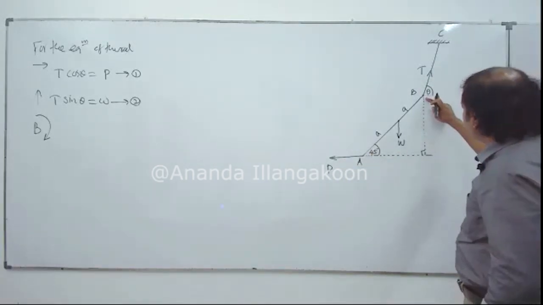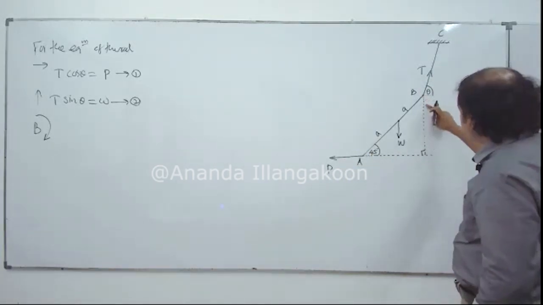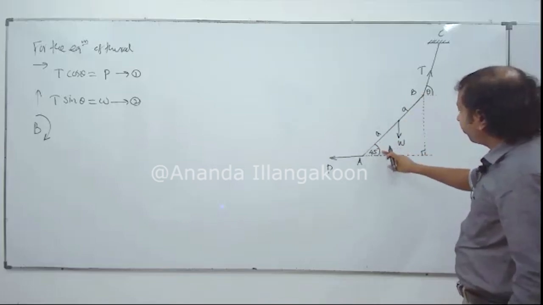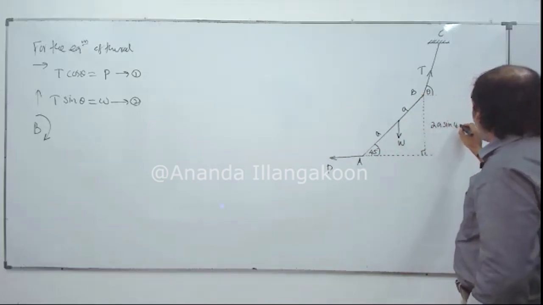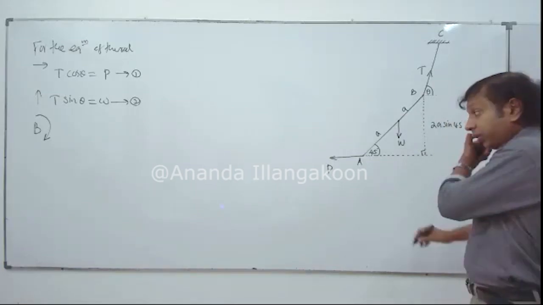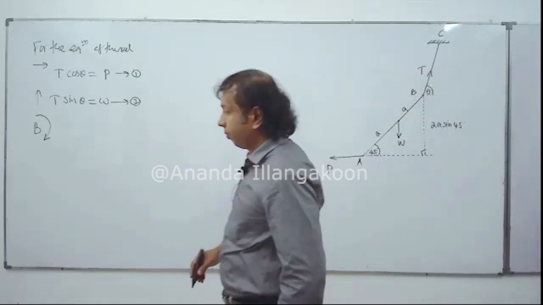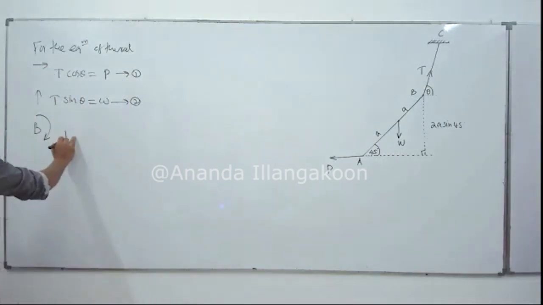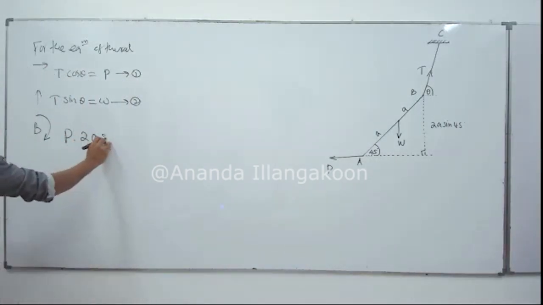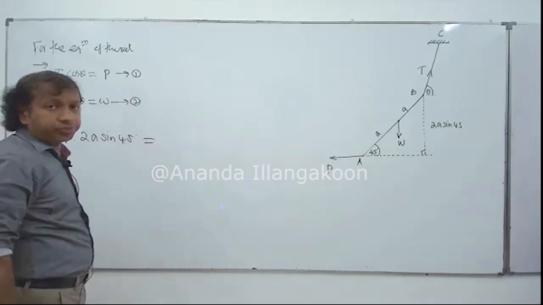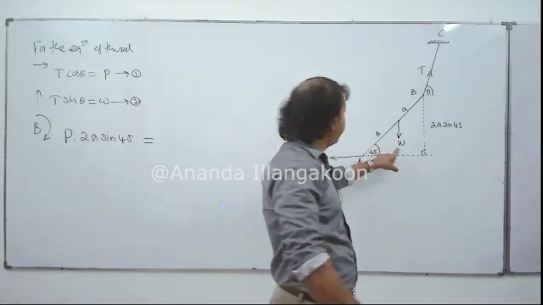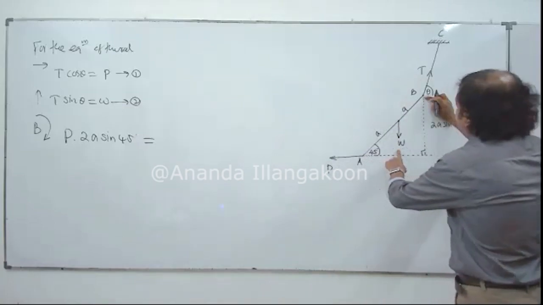P into the perpendicular distance. Here the length is 2a and the angle is 45, so the perpendicular distance is 2a sin 45. So the moment is P into 2a sin 45. This equals the moment of W around B.